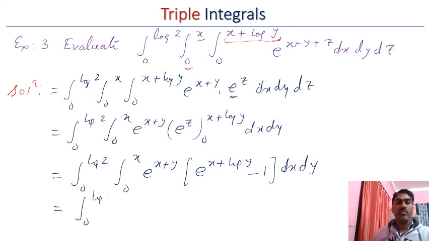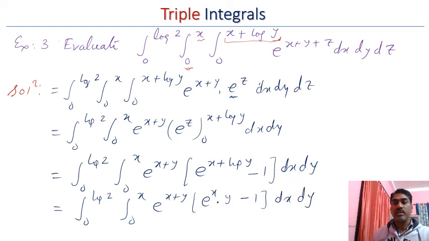0 to log 2, 0 to x, e to the power x plus y, and this becomes e to the power x, and e to the power log y means y, so y minus 1, dx dy.